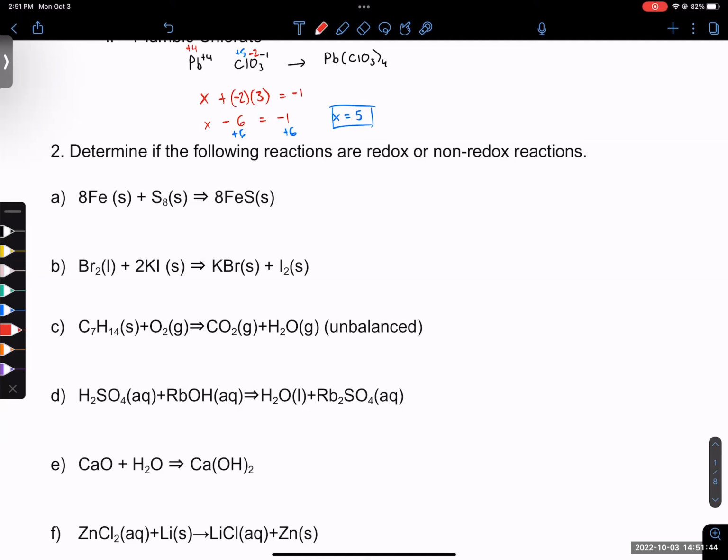All right, anyways. So iron, what's its oxidation state, do you all think? 0, right? Why is it 0? Yeah, it's in its elemental, natural form, so it's 0. What about sulfur? Also 0, right?